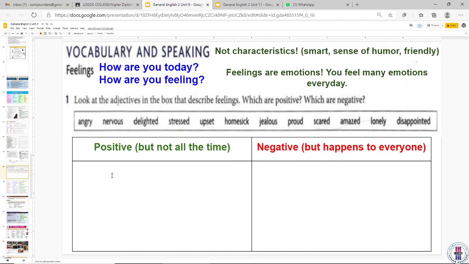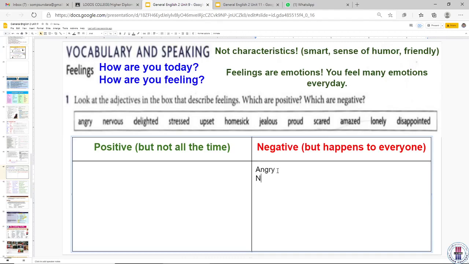For example, angry. Angry is usually associated with being negative, right? But it's okay, because sometimes you get angry if somebody does something to you where you get mad, and it's okay to get angry sometimes, right? So it's not always negative.